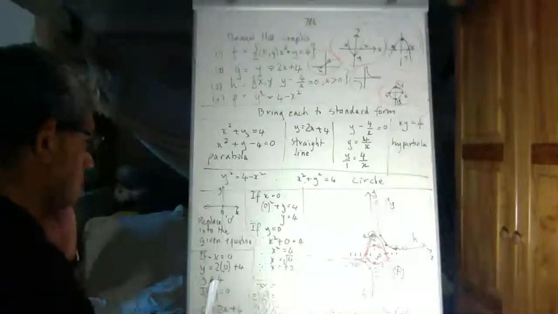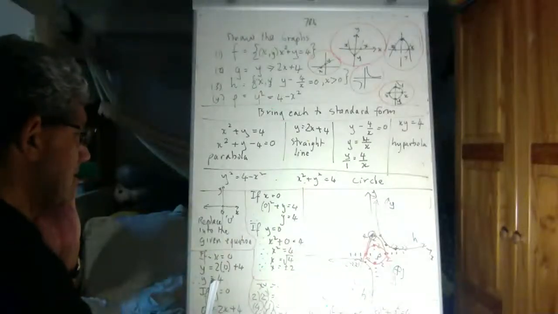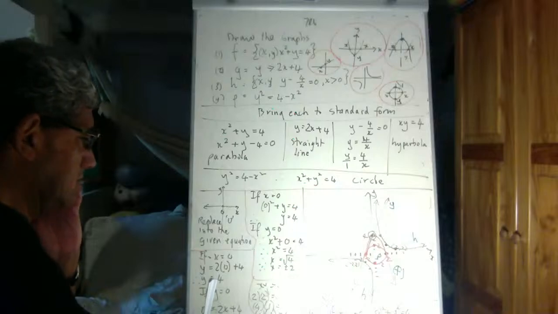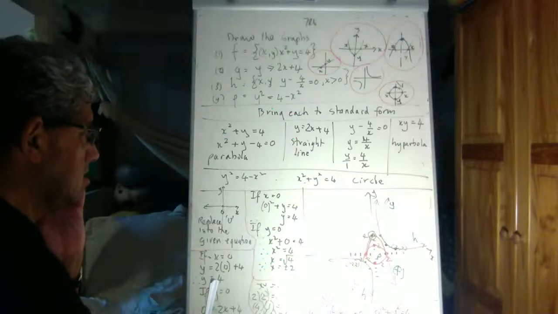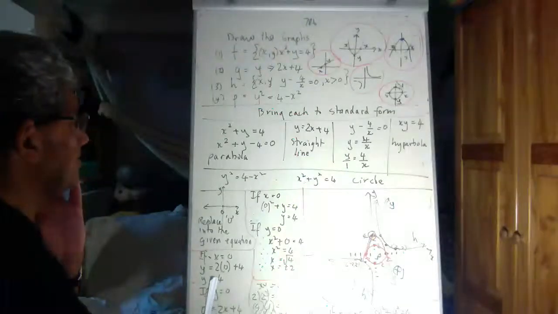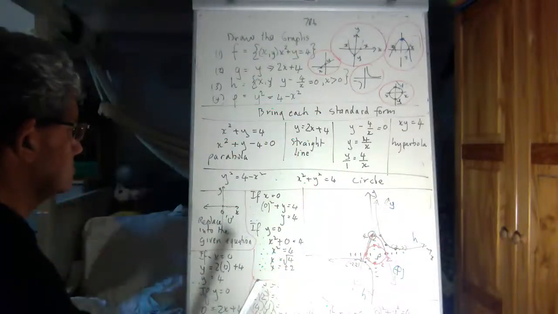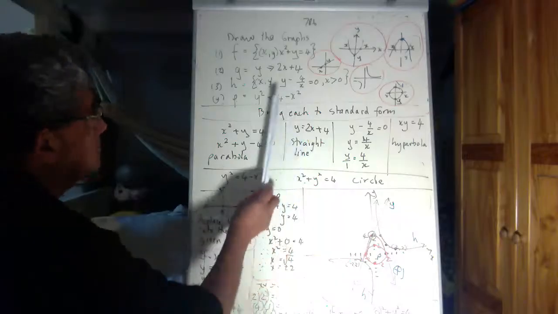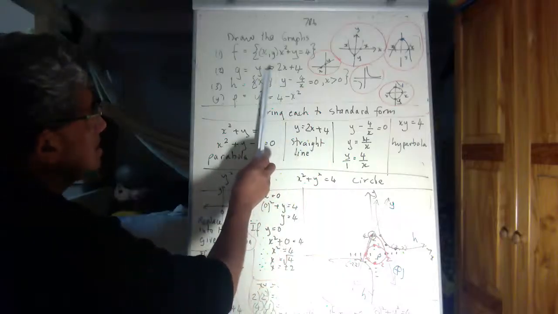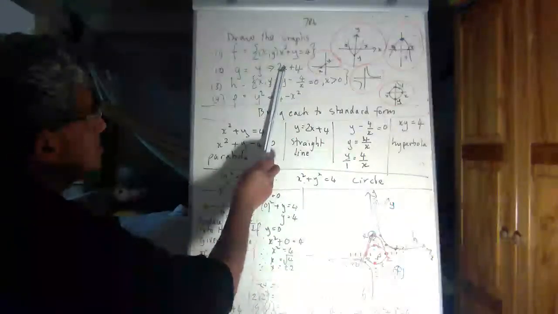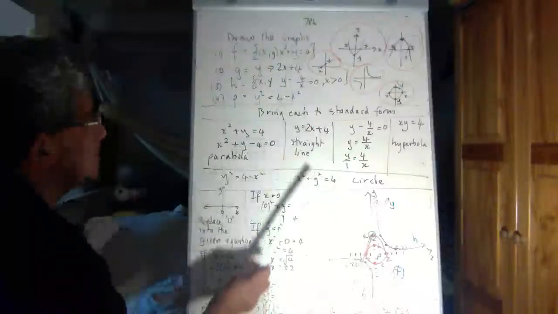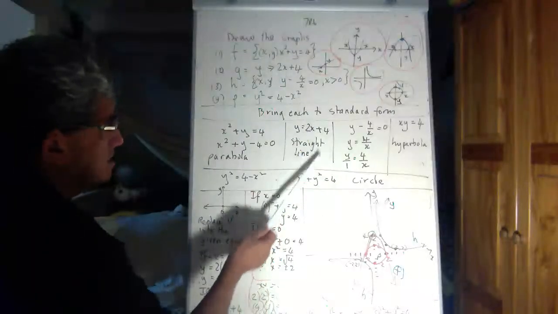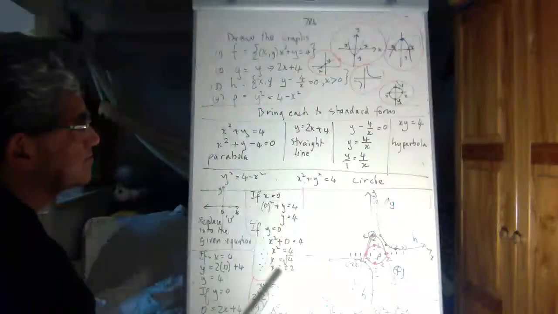Now we do our next one. This form here is y equals x plus 4, and here we just replace that with the equal sign. So that's the standard form of the straight line.